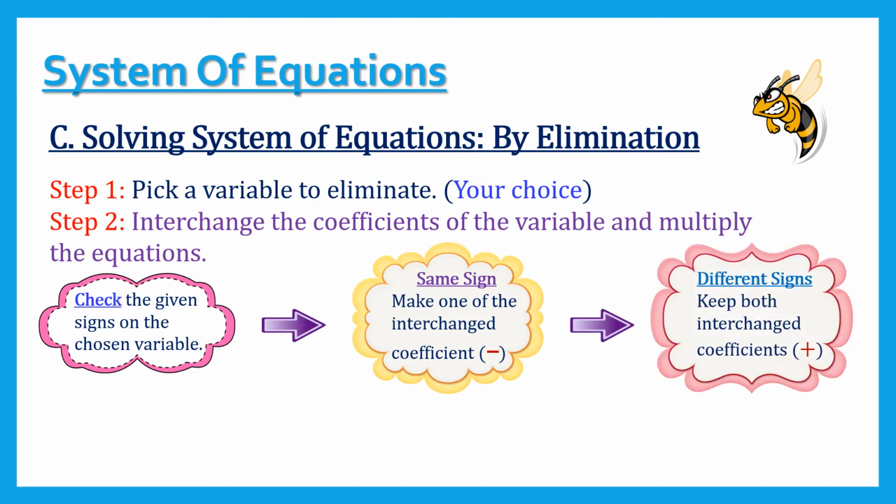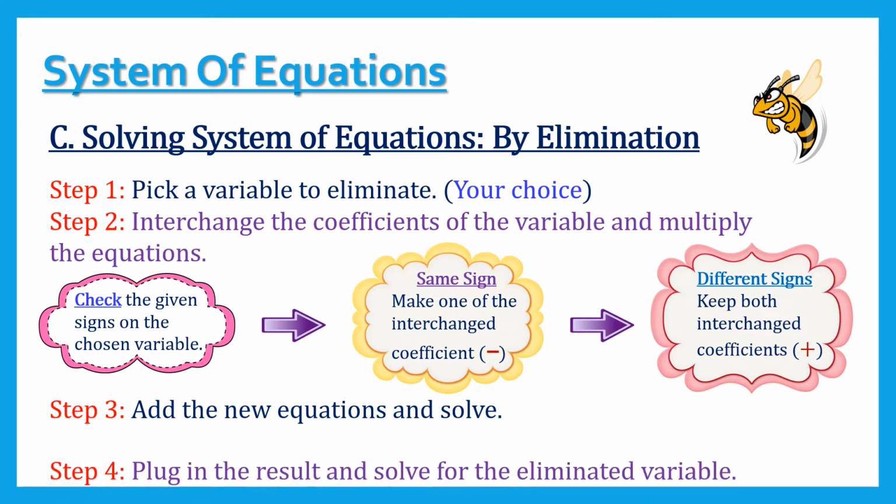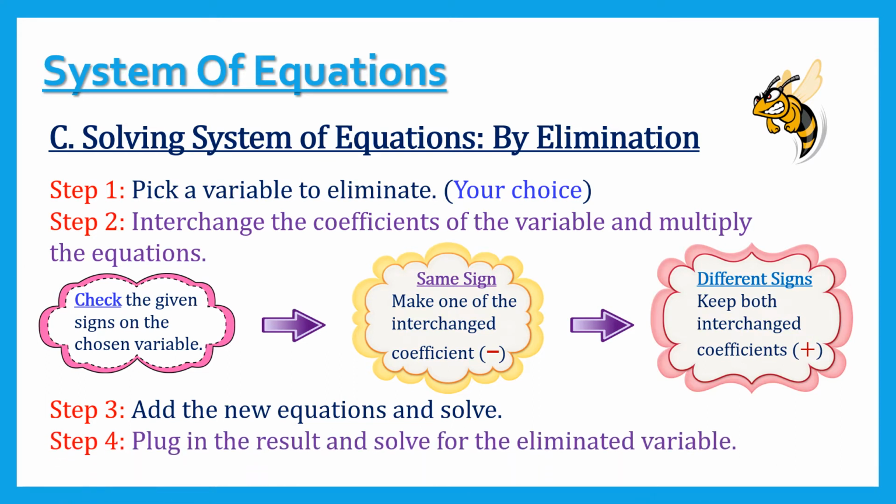However, if they are different signs, keep both interchanged coefficients positive. Step 3: Add the new equations and solve. Remember, you're always adding if you follow my steps. Step 4: Plug in the result and solve for the eliminated variable.